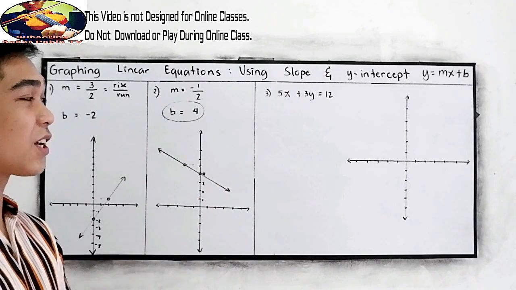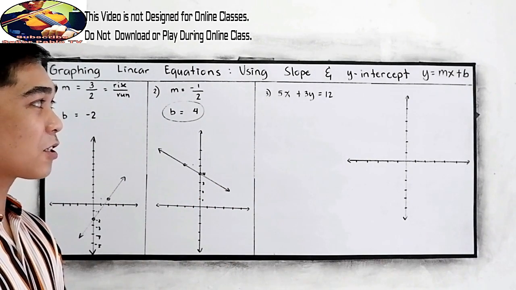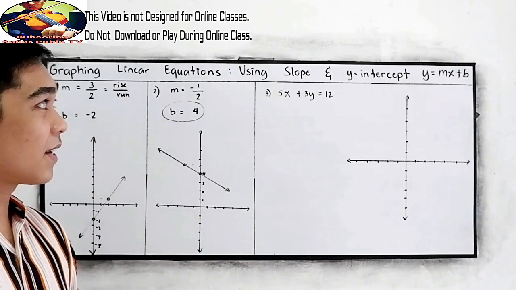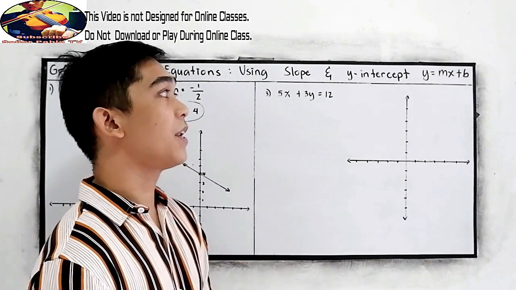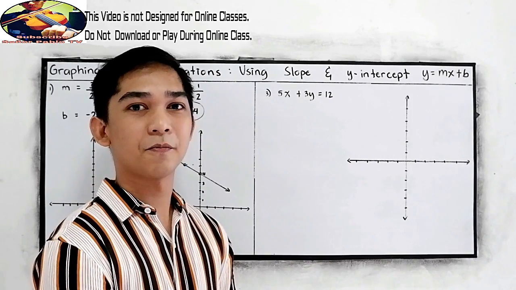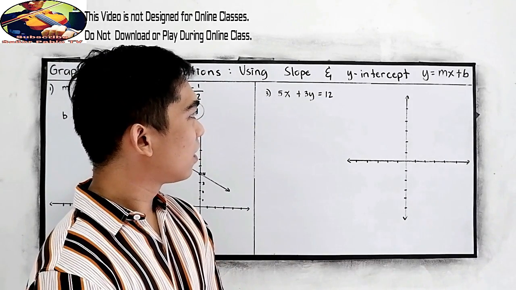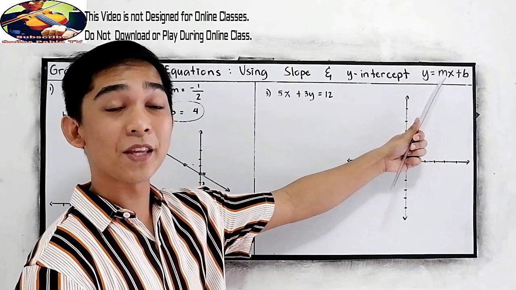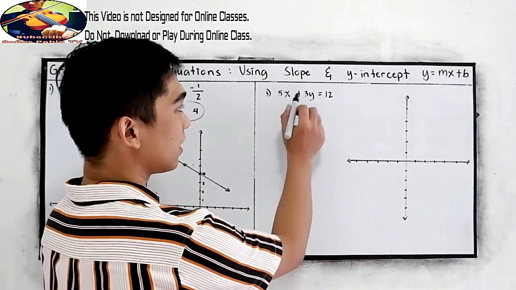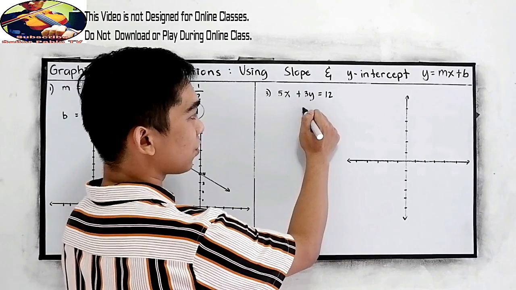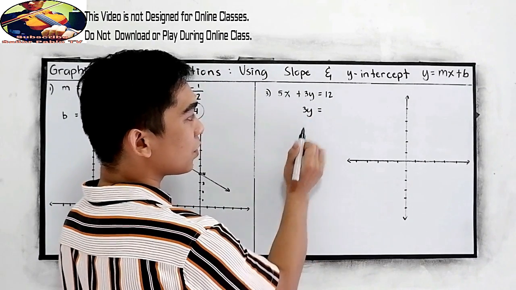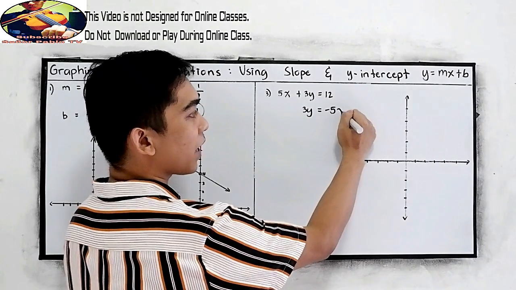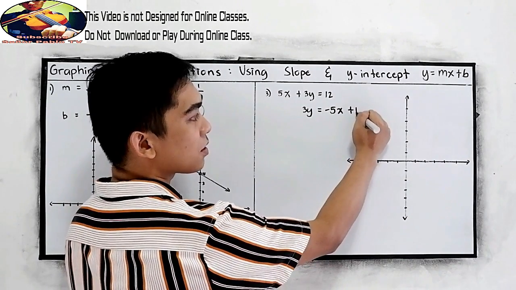And for our third example, 5x plus 3y is equal to 12. In this case, let us find our slope and our y-intercept. Let us first write it in slope-intercept form. So 3y is equal to, by the addition property of equality, negative 5x plus 12.